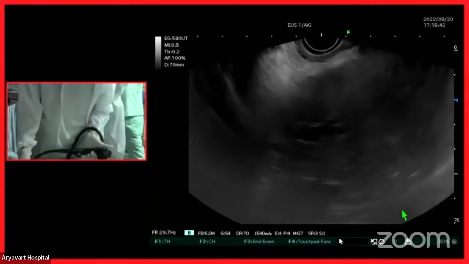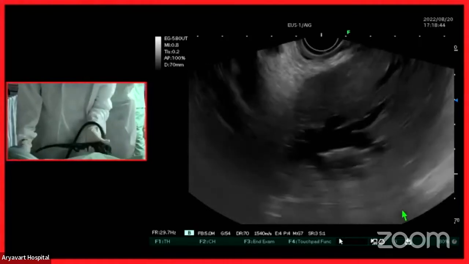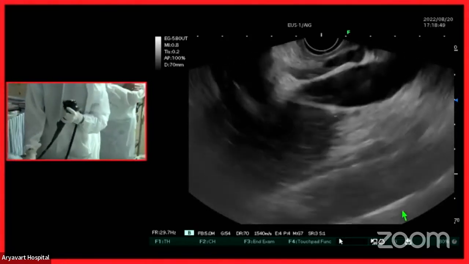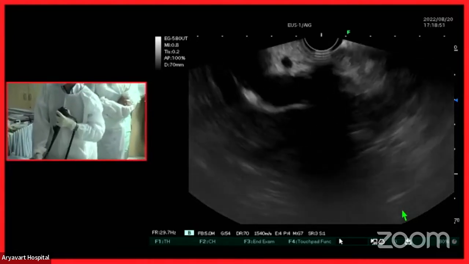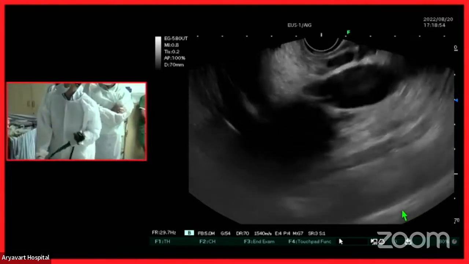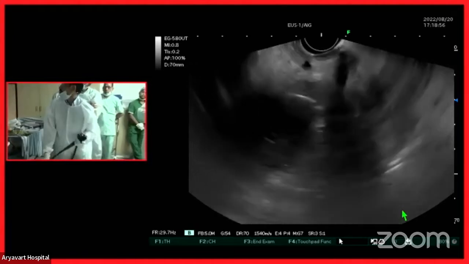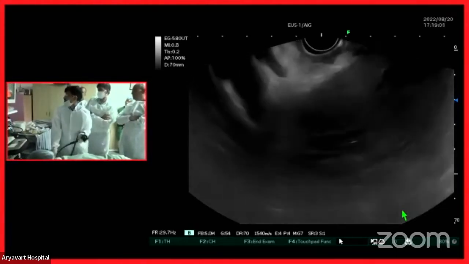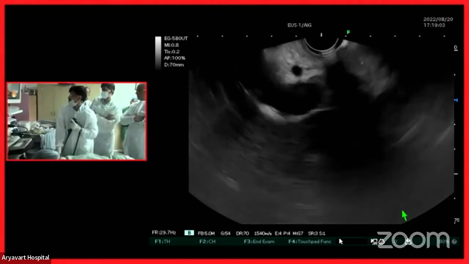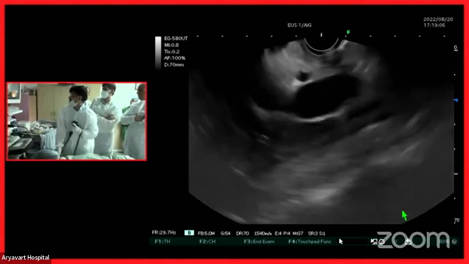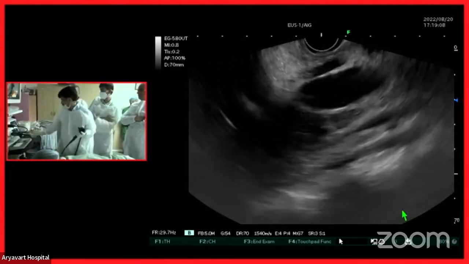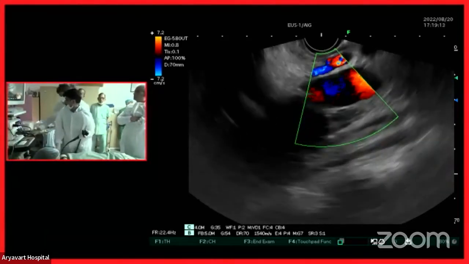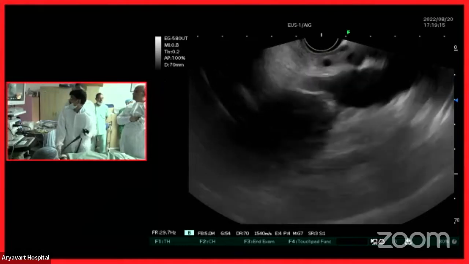So that's the liver hilum. There's a portal vein and the hepatic artery, I think. So I don't see the bile duct.